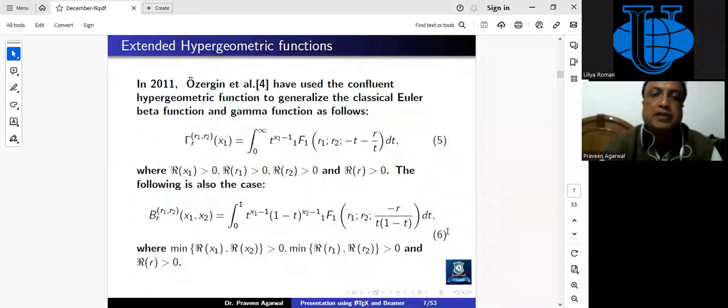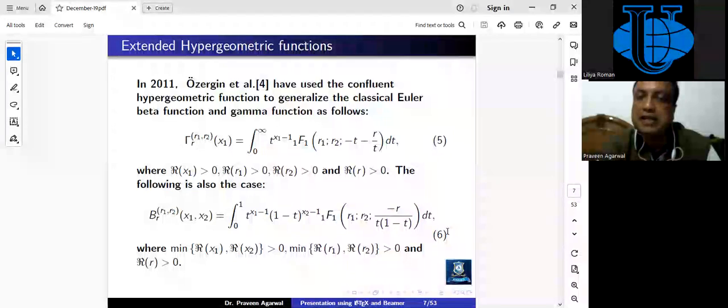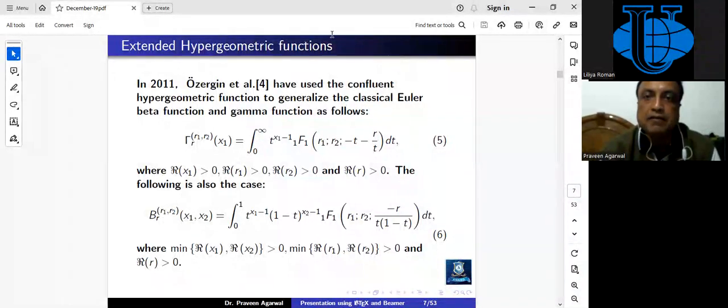Then, in continuation, another research group from Turkey used the confluent hypergeometric function to generalize the classical beta and gamma functions. This is the Euler's gamma function, given by equation 5, and the classical beta function, given by equation 6.